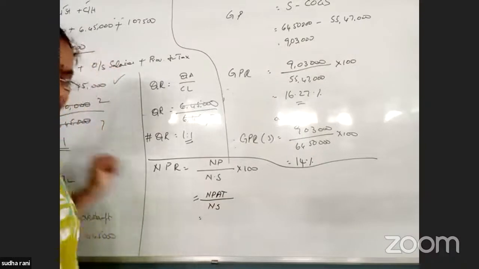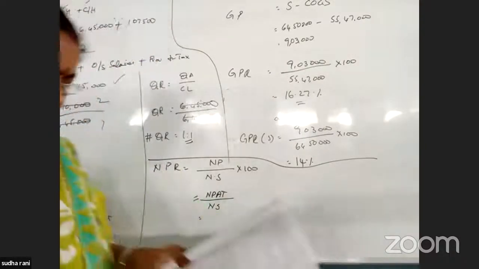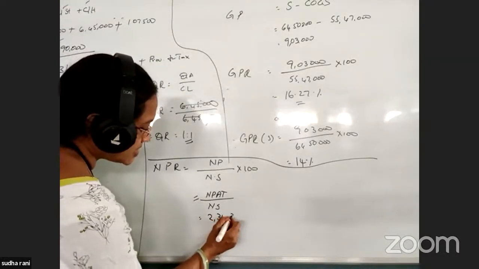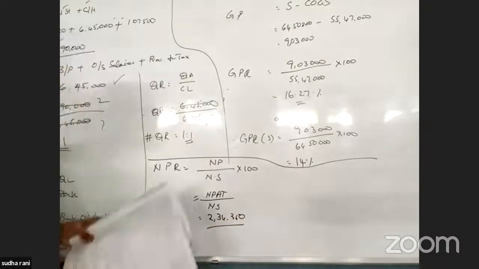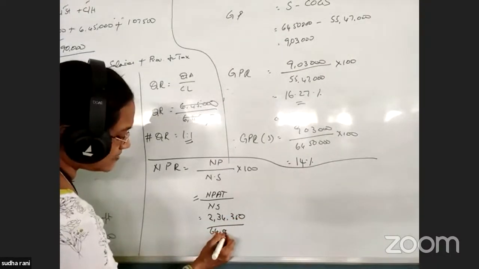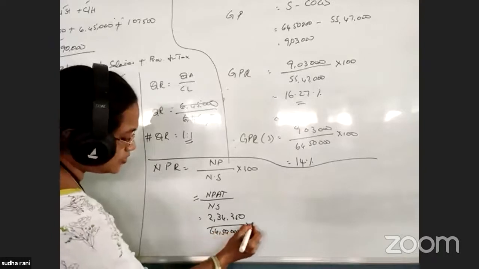So what is the net profit after tax given to us in the question? 2,34,350 divided by net sales given as 64,50,000, into 100.